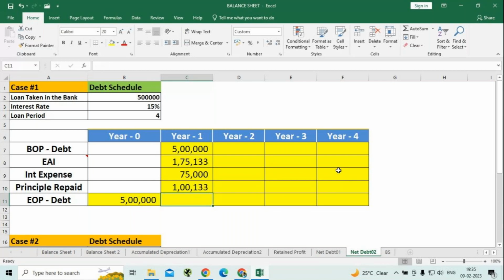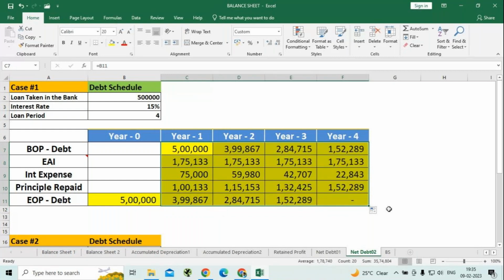Finally, the end of period debt is the opening debt minus the principal repaid, which gives me the closing. If you do it for 1 year and drag it for the other years, at the end of the period it should give a zero value.